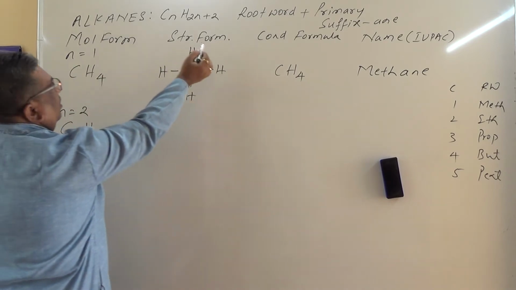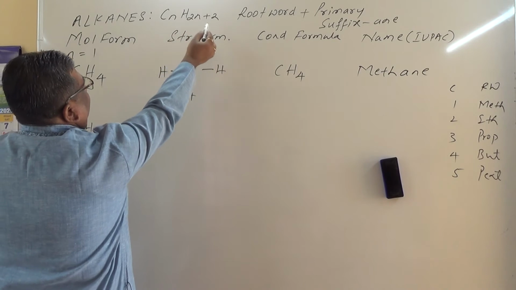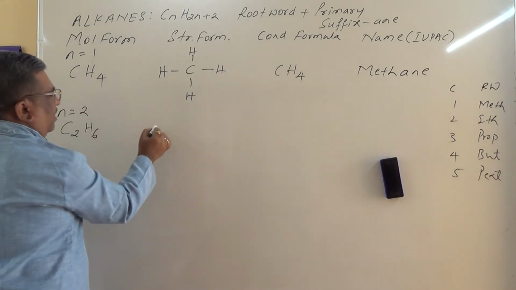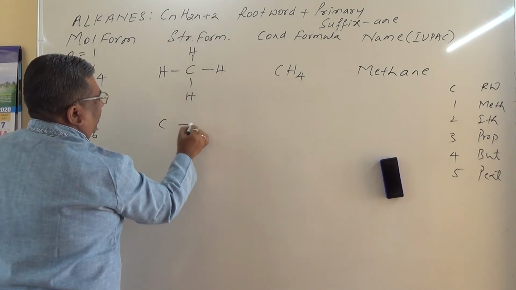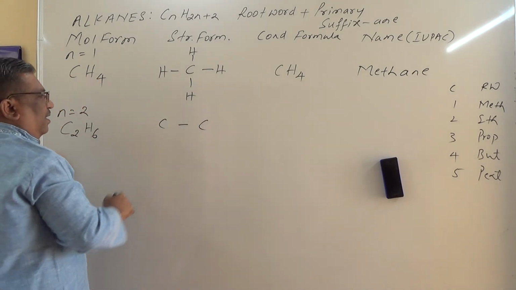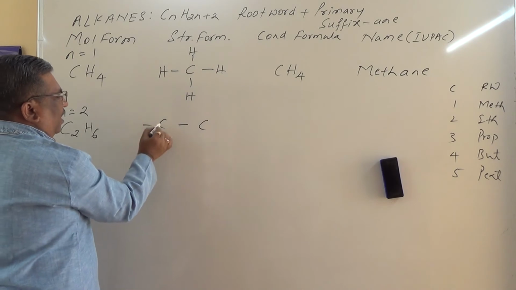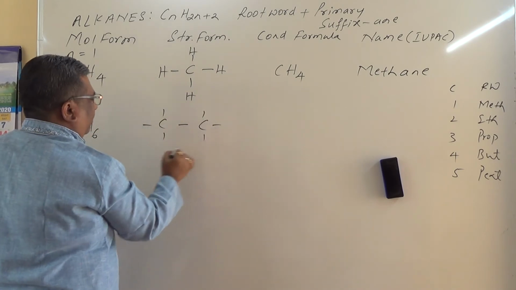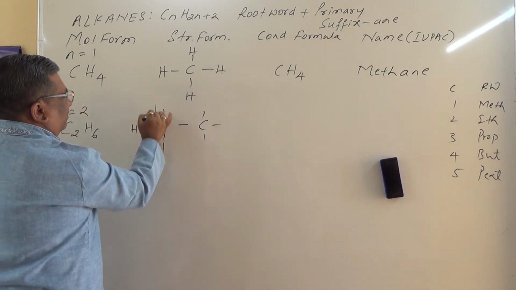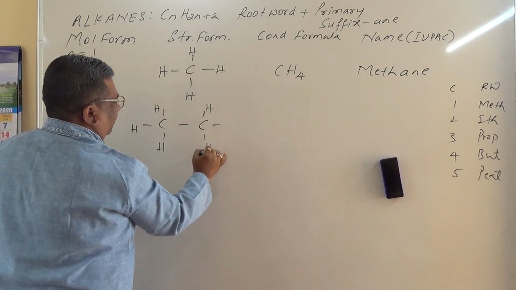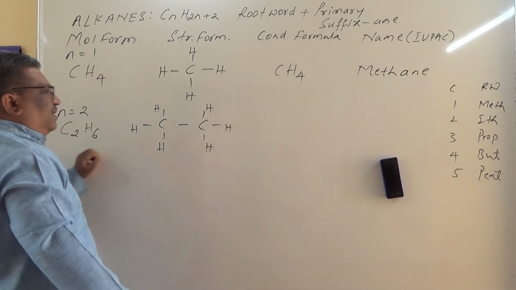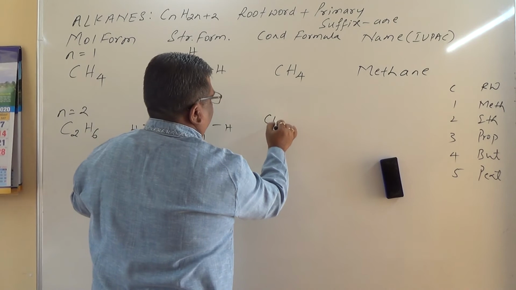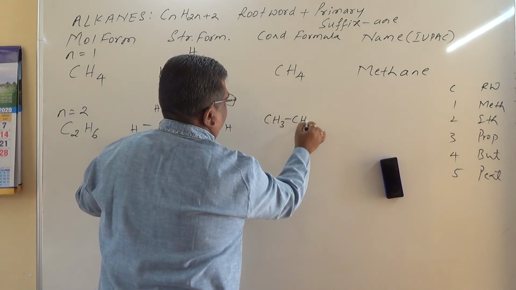Let us take n equals 2, C2H. What is the general formula? CnH2n plus 2. 2 times 2 is 4, plus 2 is 6, so H6. How do you write this one? Write one carbon atom and another carbon atom. Then balance the valencies. 1, 2, 3, 4. Put H here. Condensed structural formula: CH3 bond CH3.